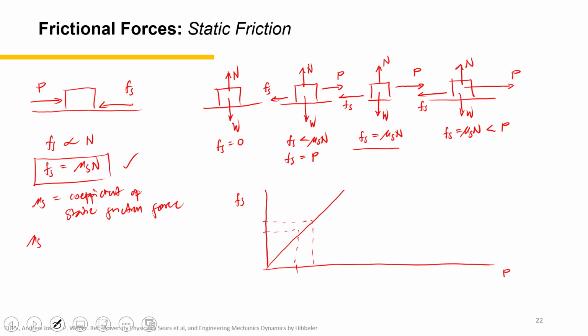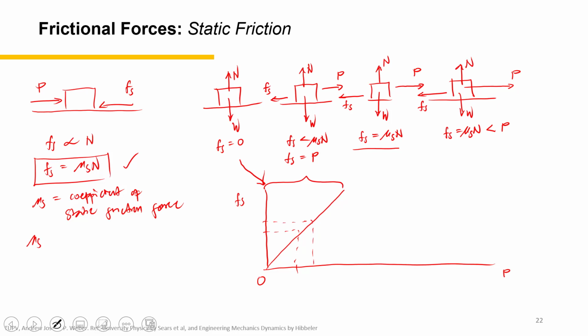So here we see that in the first case, there is no friction force. There is also no applied force. Okay. So let's do a bracket here. So this case pertains to this point. There is no applied force, zero applied force, so that Fs is also 0.